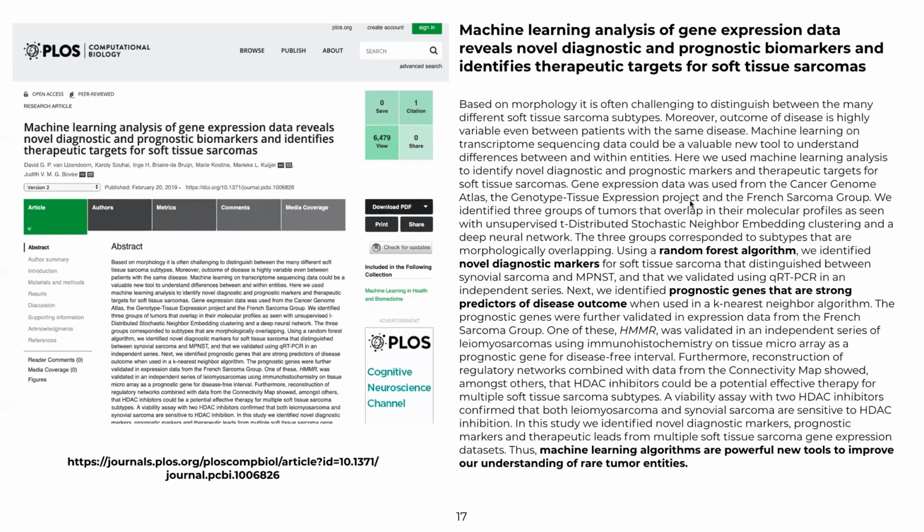So combining two types of data sets together, using, again, here you can see 3 groups of tumors that overlap in the molecular profile as seen with unsupervised T-distributed stochastic neighbor embedding, t-SNE, clustering, and a deep neural network, right? So now they've combined a number of different machine learning methods. And then the 3 groups correspond to subtype or morphologically overlapping. So the morphology of those tumors is similar. And using a random forest algorithm, they identified novel diagnostic markers, right?